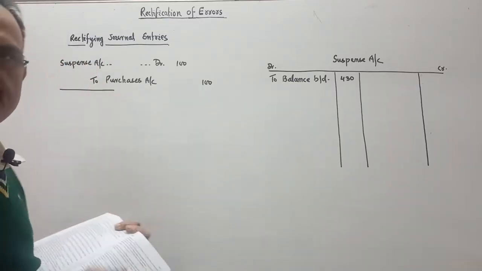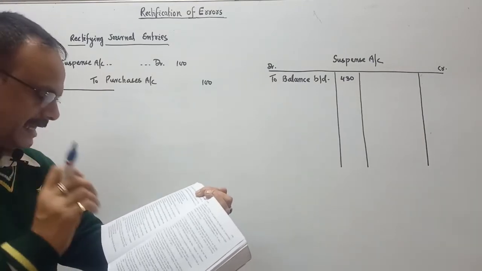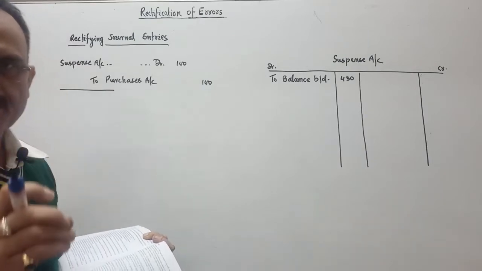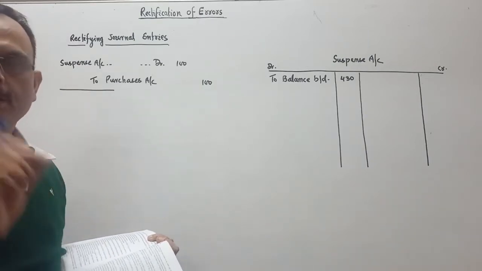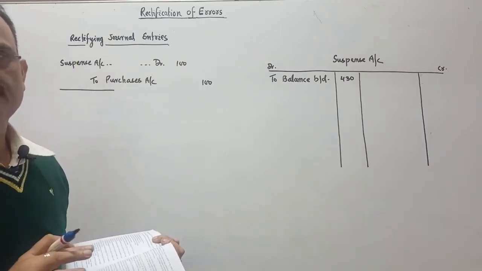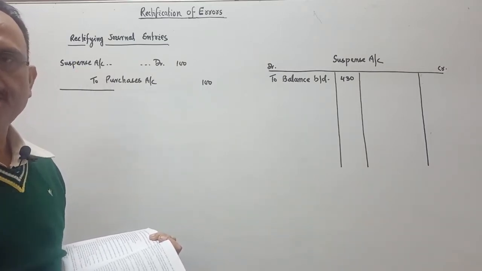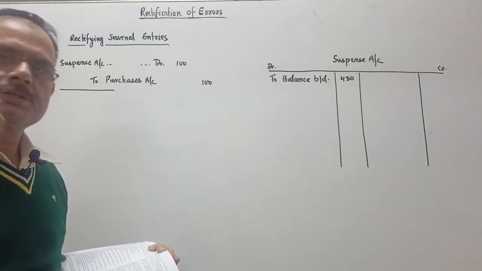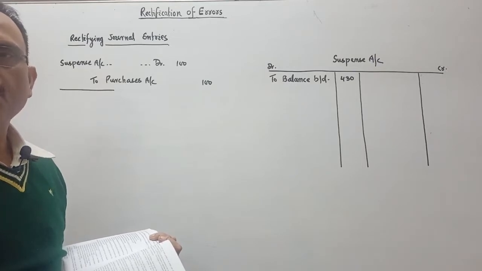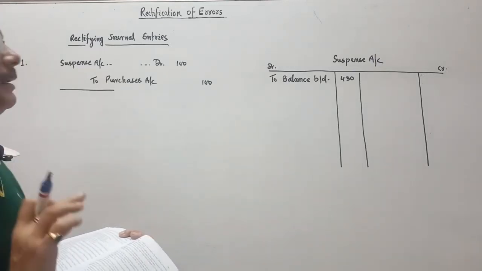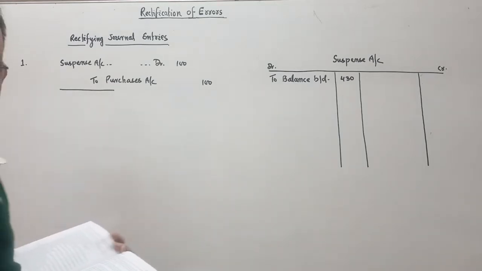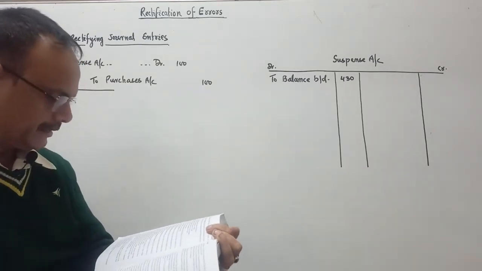Narration will be very simple: Being purchase book overcast by rupees 100, now rectified, in brackets. Put the comma and then write now rectified and close the bracket. So this is the rectifying journal entry of the first error.